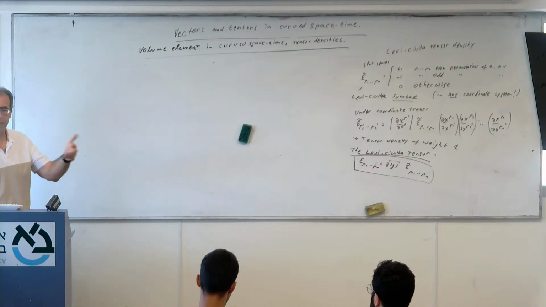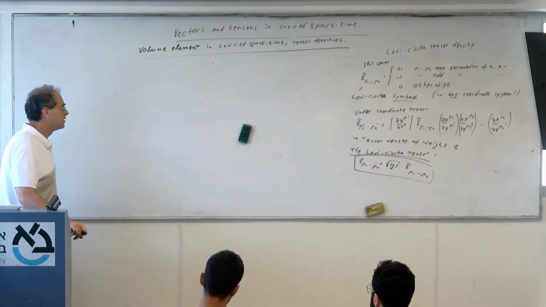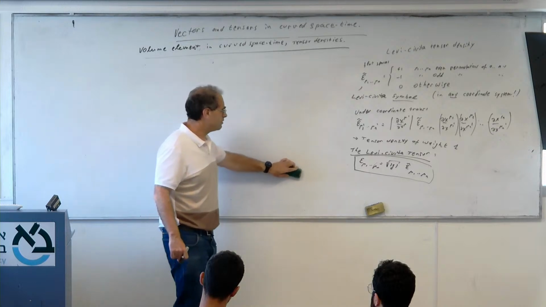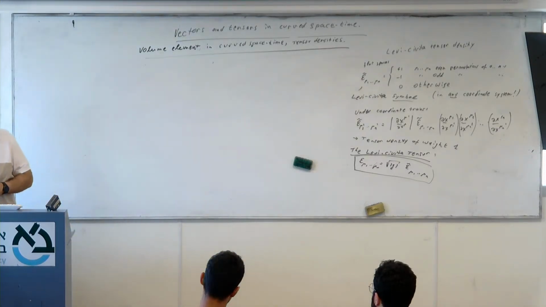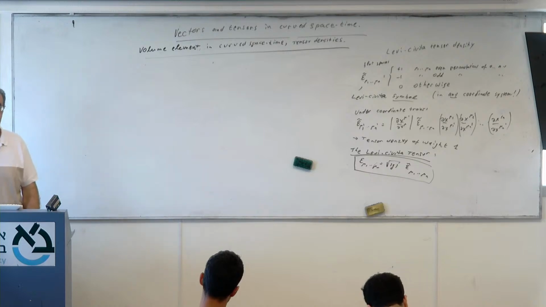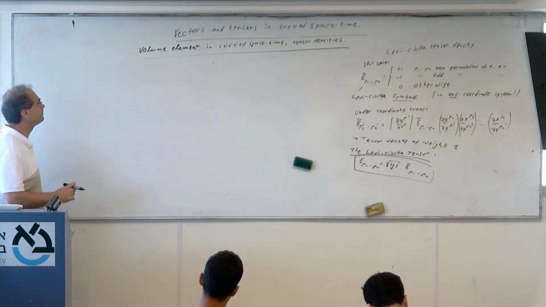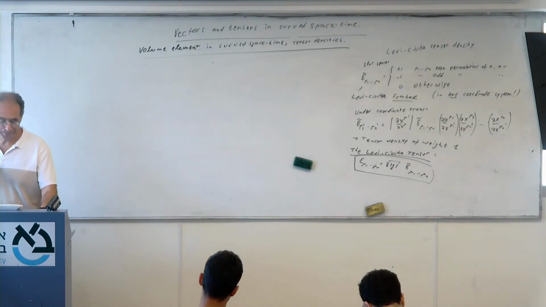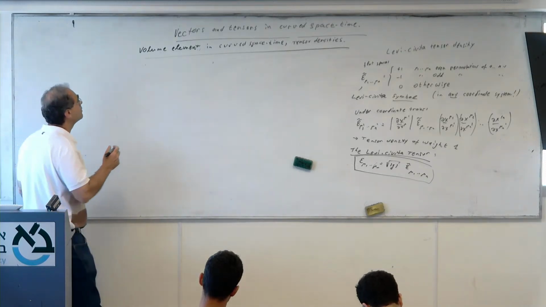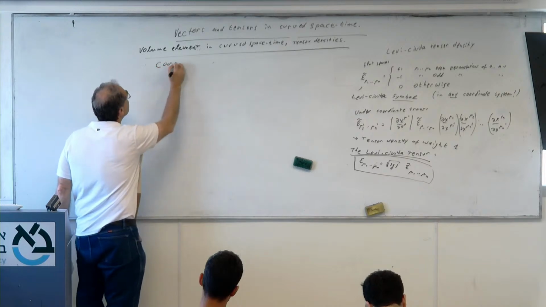Take something, take a partial derivative, and then you solve the equation somehow. But the very unfortunate fact is that the partial derivative of a tensor is not a tensor. It's quite sad. So we need to somehow mitigate this problem. That's what we're going to do now: the covariant derivative.